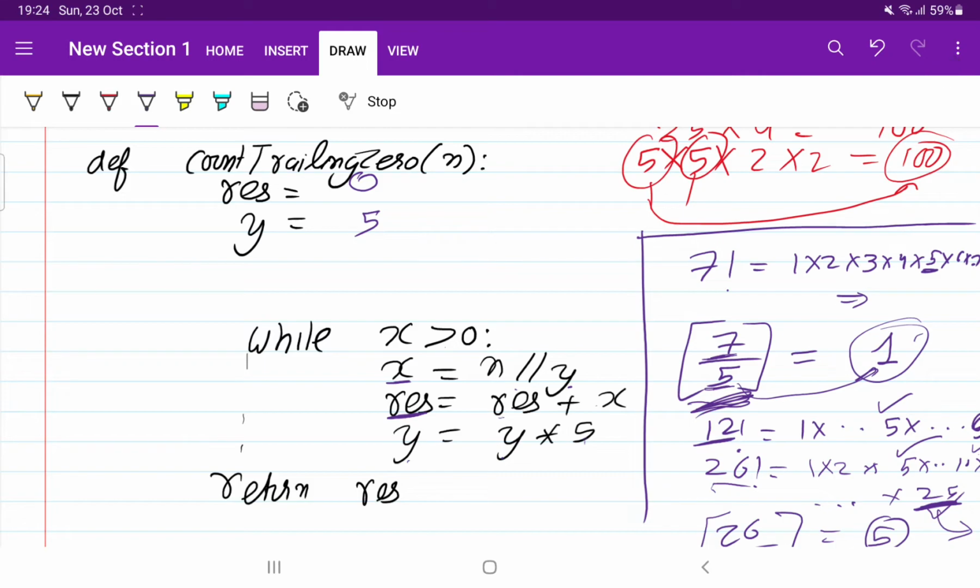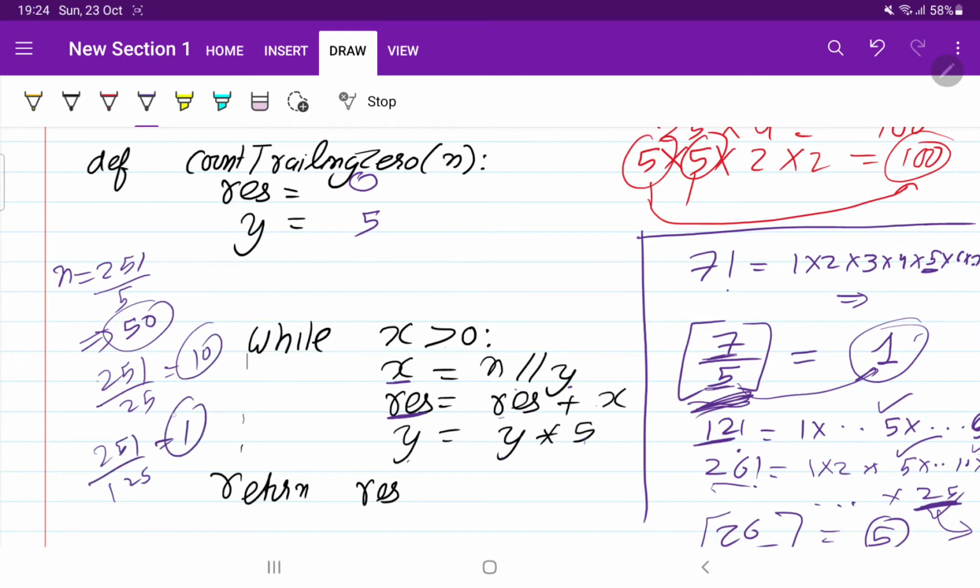Perfect. So this is the logic to find the count of trailing zeros. Okay, now if I ask you, suppose n is 251, this is a big number. First of all we will divide by 5, we will get 50. Then again 251 by 25, we will get 10. Then 251 by 125, we will get 1.